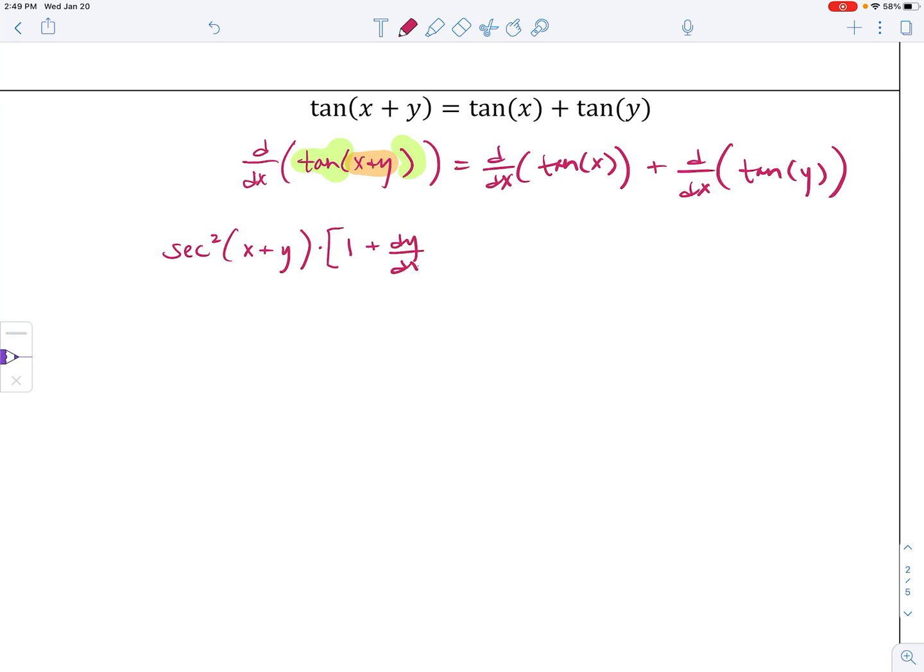I'm going to use brackets to organize that since it's the derivative of a sum, which would be 1 plus dy over dx. Okay, and then the derivative of tangent of x with respect to x. Since it's with respect to x, that's just going to be secant squared of x, right?